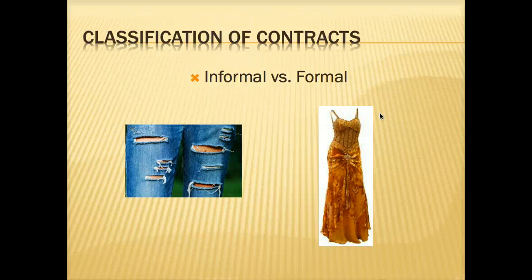But once those elements are present, it doesn't have to be a long formal contract that you may be used to seeing when you're, for example, signing a real estate contract or when you're signing a contract to purchase a car from a dealership. They have long contracts. The law doesn't require that formality. In fact, most of the time, an oral contract is a valid contract.